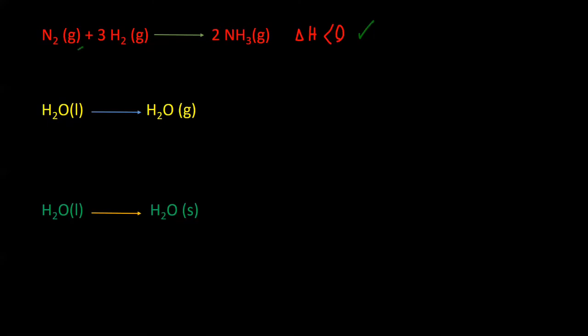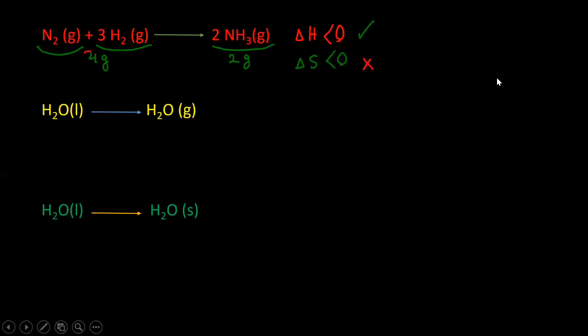Here I have 1 mole of gas plus 3 moles of gas, which is 4 moles of gas. But on the other side, I have only 2 moles of gas. You see the number of particles decreasing. So it means entropy of products is less than entropy of our reactants. It means delta S of system is decreasing.